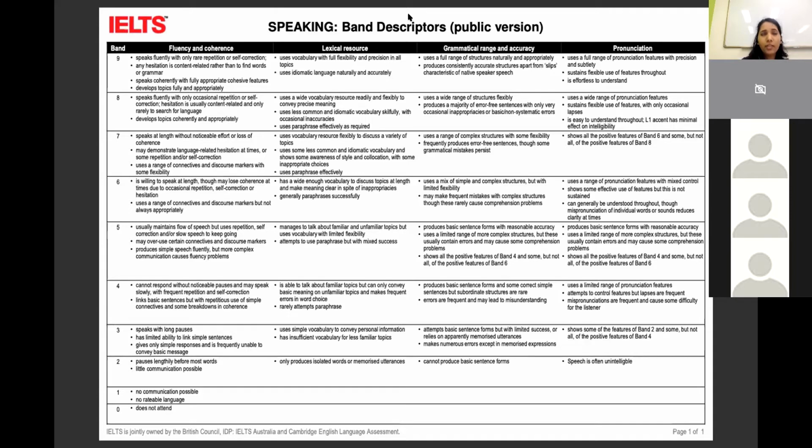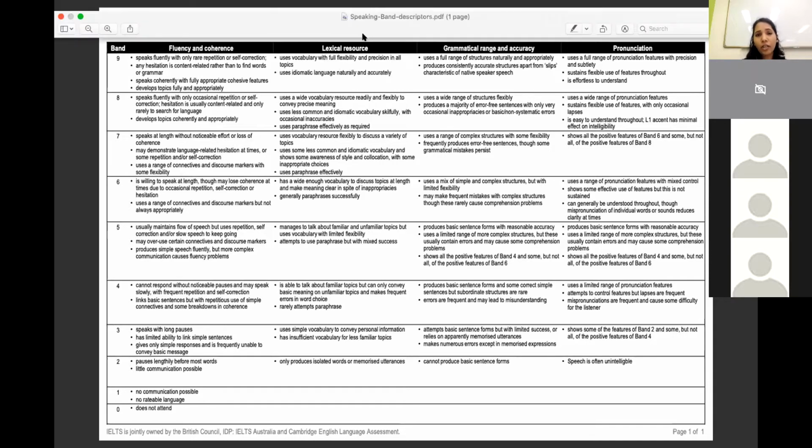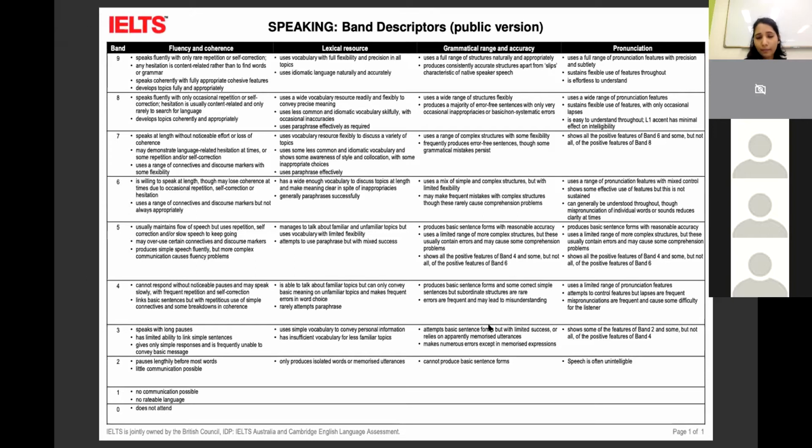The examiner is going to ask you anywhere from 5 to 8 questions, depending on the duration or your answers. If you elaborate a lot, then he will stop at 4 or 5 questions. But if you are not speaking much, he or she will ask you more, I mean more than 5 or 6 questions.